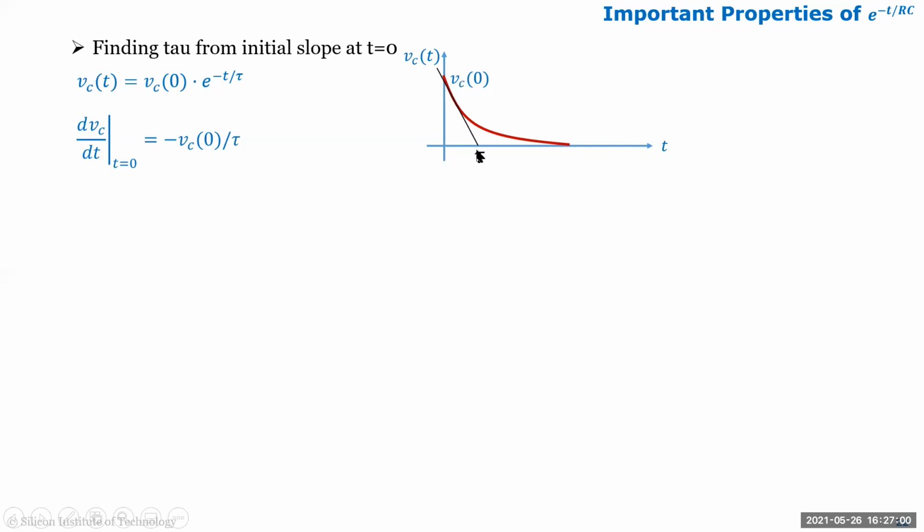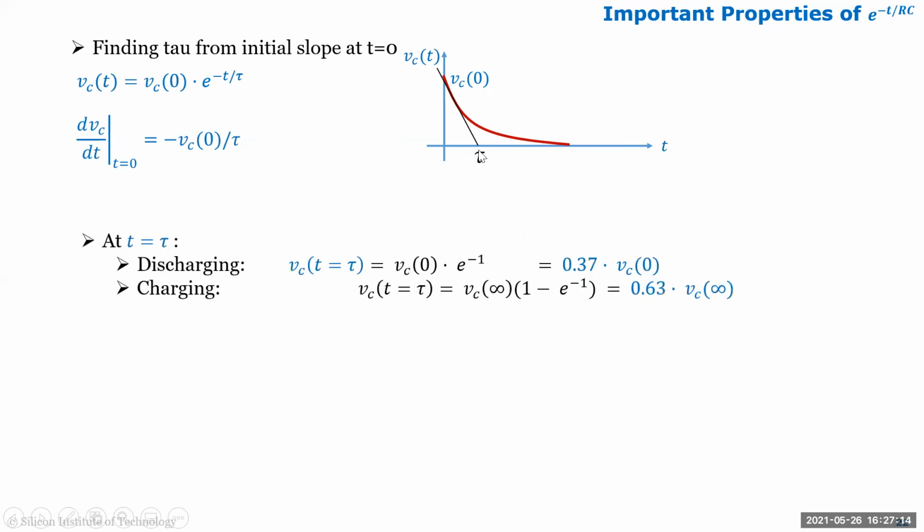That slope, wherever it meets the time axis, that's actually tau, which you can prove from the equation itself, because you take the derivative of it at t equals 0, and that gives you tau.